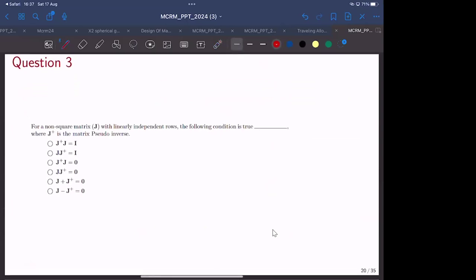Moving on to question 3: for a non-square matrix J with linearly independent rows, so it's a similar problem, the following condition is true, where J plus is the matrix pseudo-inverse. So carrying over from the previous question, the pseudo-inverse was the right pseudo-inverse, which was J transpose, J J transpose, the whole inverse.